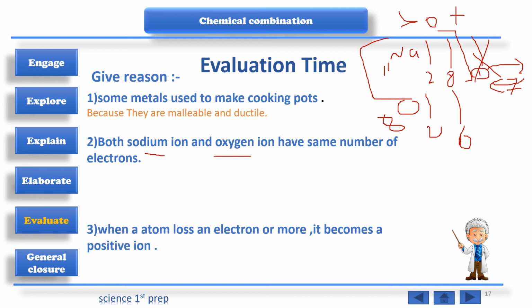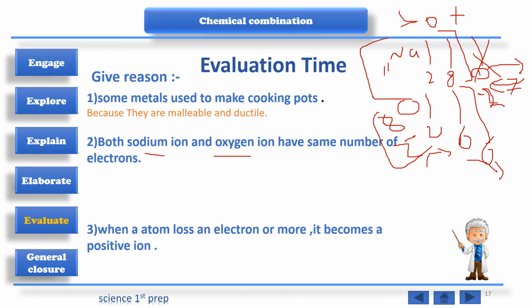Here in oxygen, 2, 6, it's easy to gain 2 electrons or lose the 6 electrons in the outermost energy level. It's easy to gain 2 electrons, so it will take a negative 2 charge.